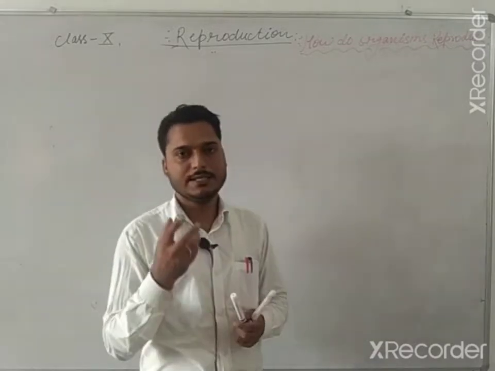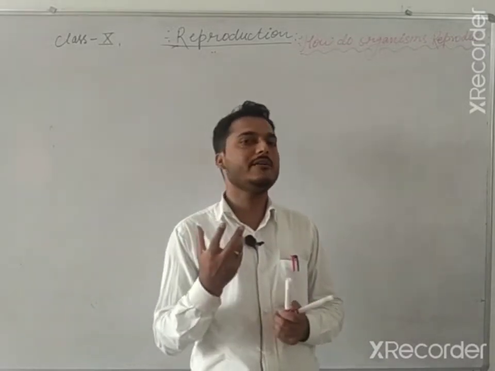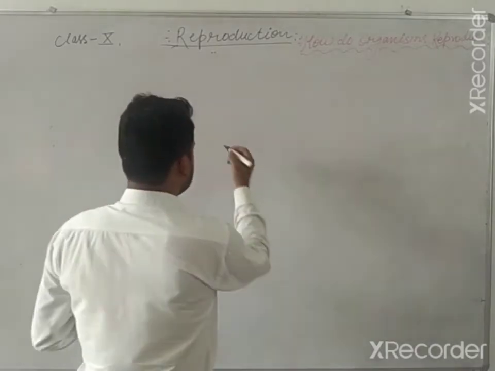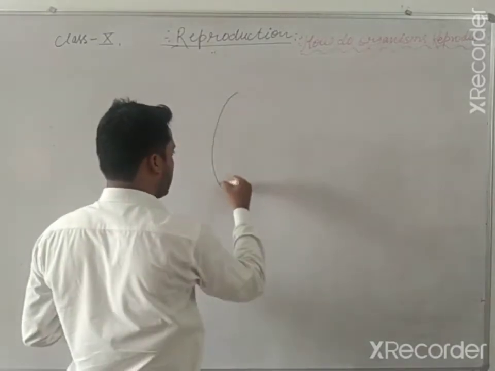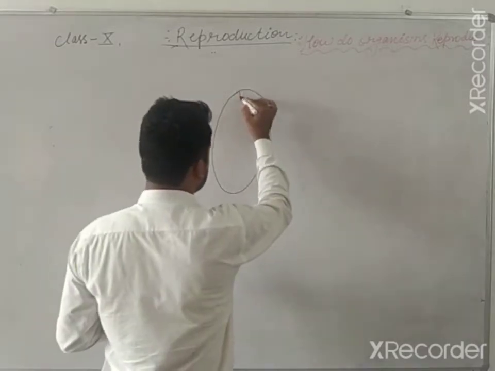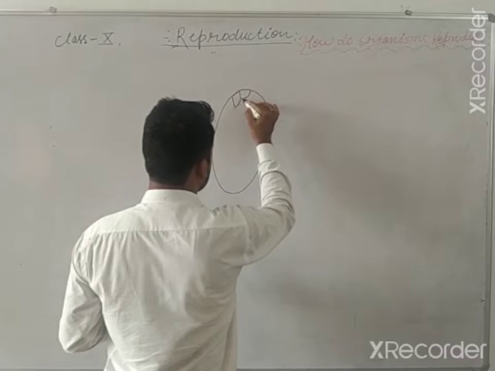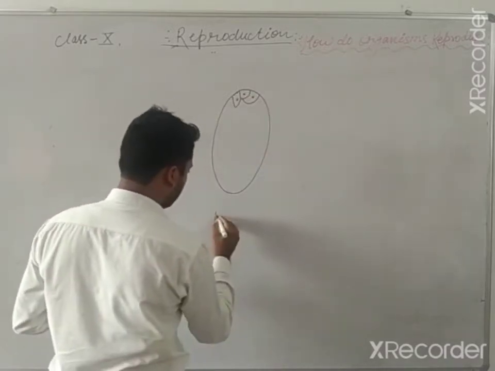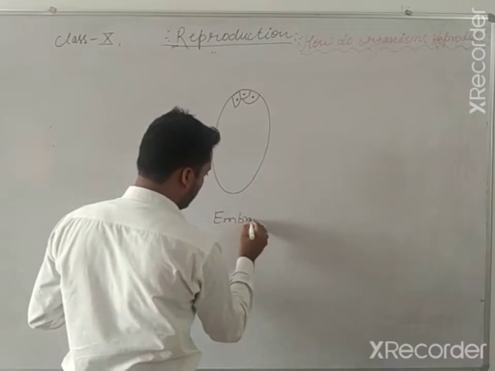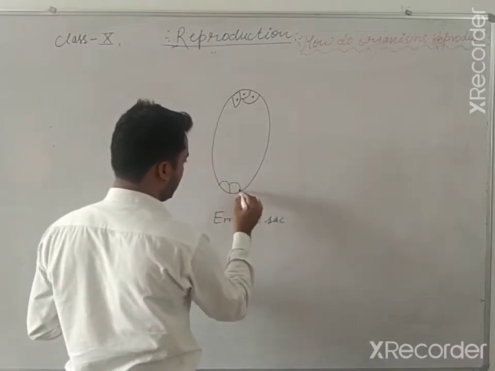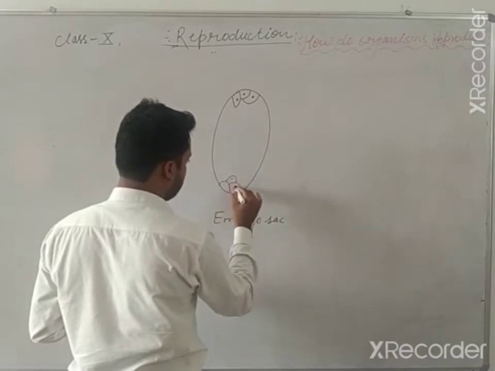What is the embryo sac? It is a structure present inside the flower. This is your embryo sac, in which 3 cells are present.